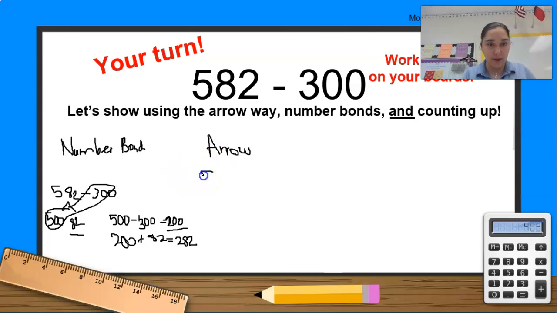I write 582 minus 100, and that gives me 482. Now 482 minus 100 gives me 382.